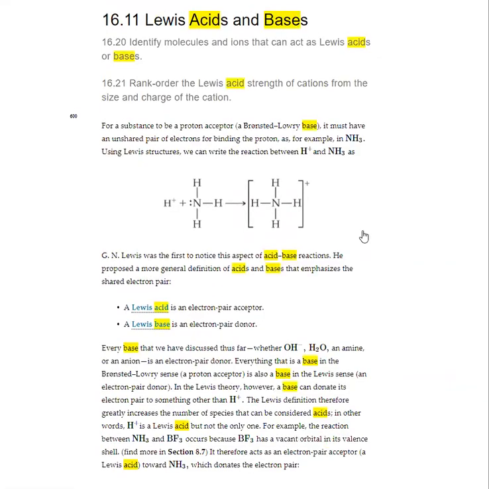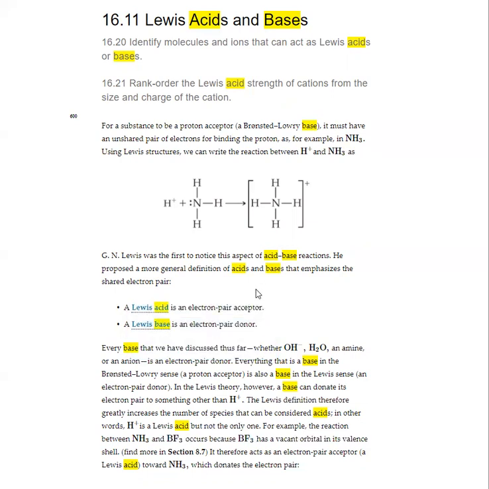Our last section is Lewis acids and bases. This is the last type of naming, and this accounts for the different types of acids and bases that don't follow the Bronsted-Lowry and the Arrhenius definitions. What Lewis says is that an acid is an electron pair acceptor, and a base is an electron pair donor.